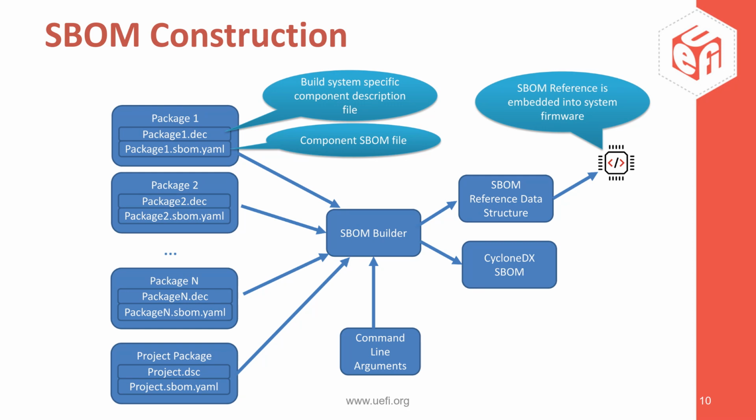Essentially, what it means is that the SBOM will describe firmware components, the logical structure of the source tree, rather than the structure of the final ROM image. And there are several reasons we have chosen this approach. Of course, source code is source code. That's a starting point. That's what we use to eventually construct the binary.